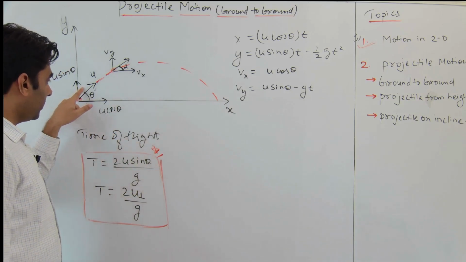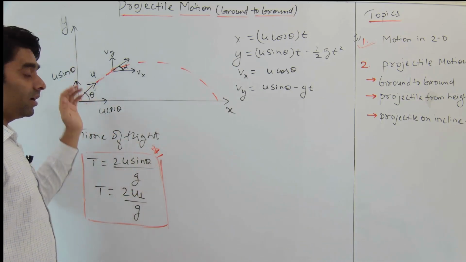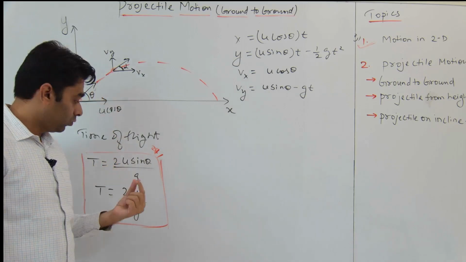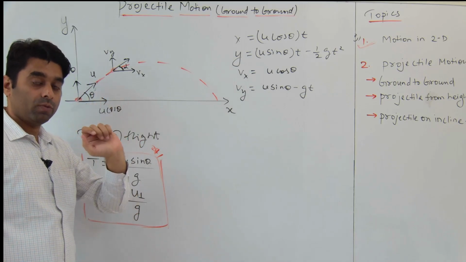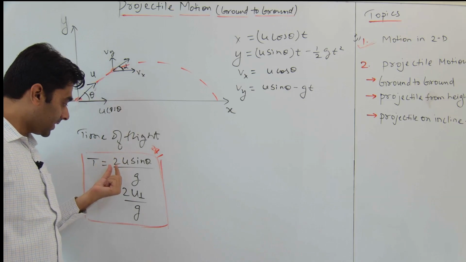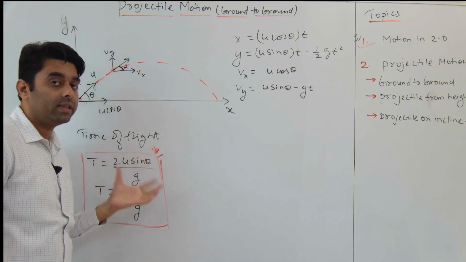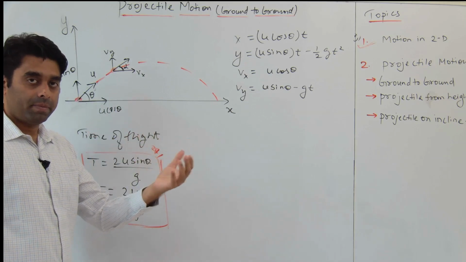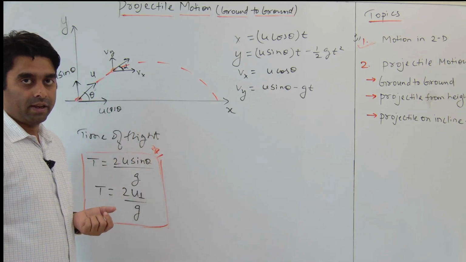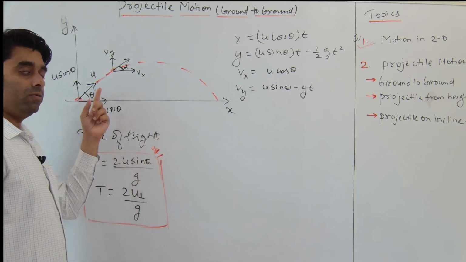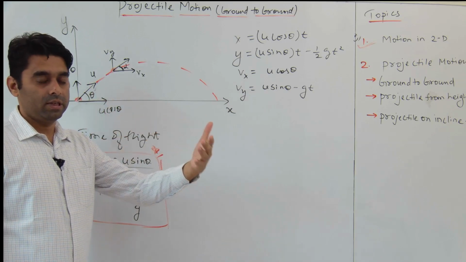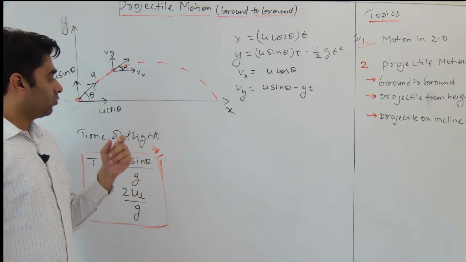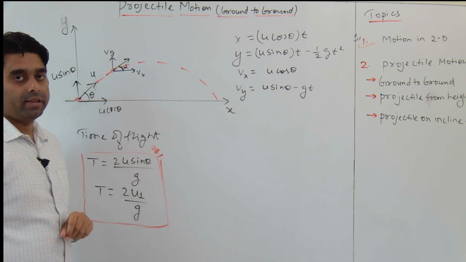If theta is taken with vertical, then the vertical component will become u cos theta. So in that case, the time of flight will come 2u cos theta by g. Right? That is why this relation also should be kept in mind, as many a times it is helpful to us. So if it is with horizontal, which is the case most of the time, the time of flight is 2u sin theta by g.